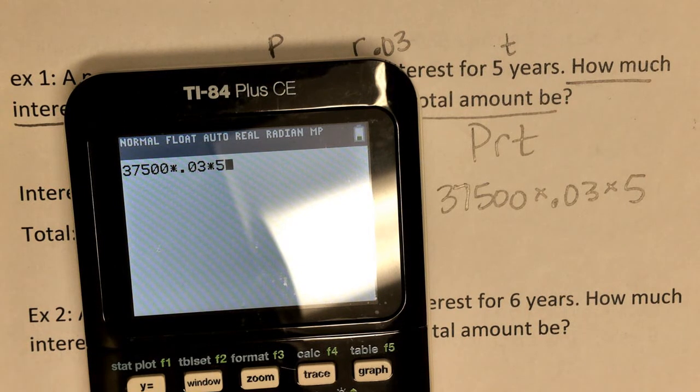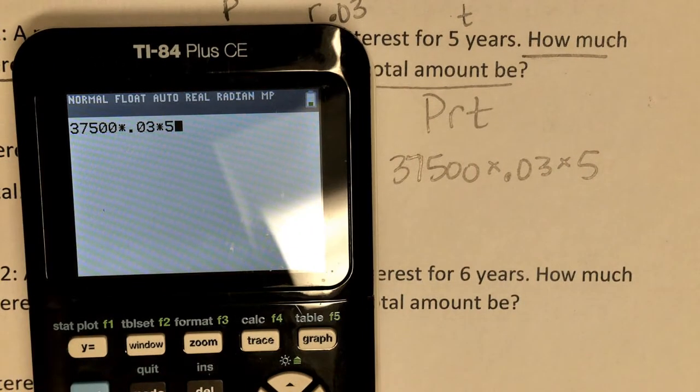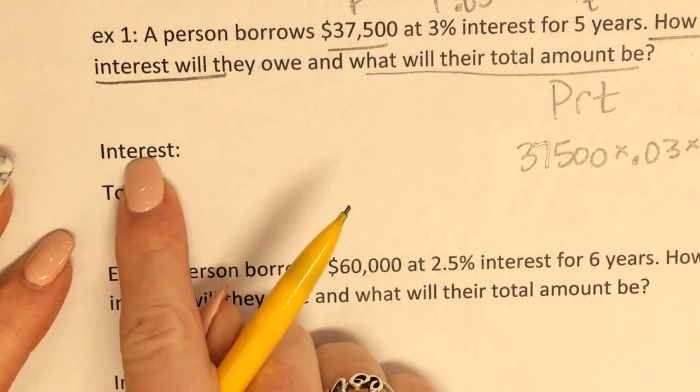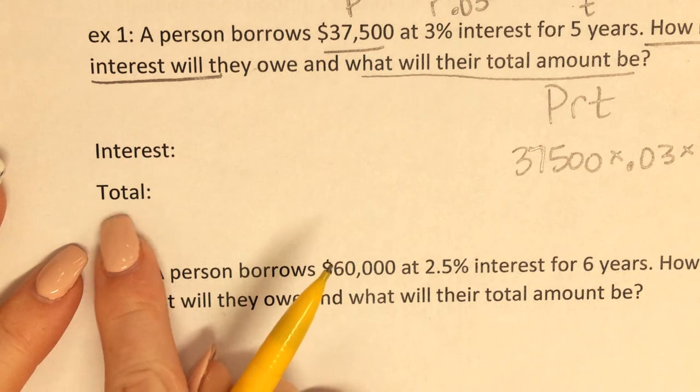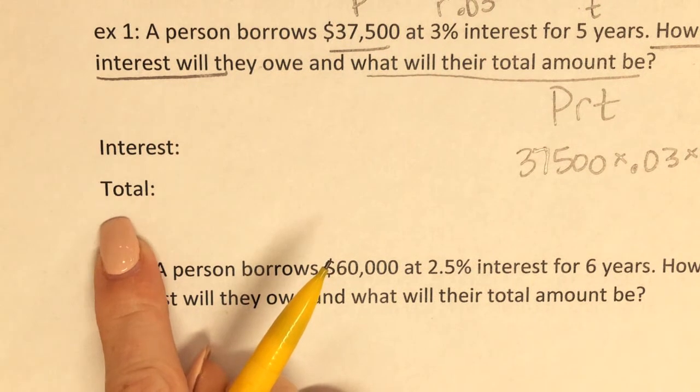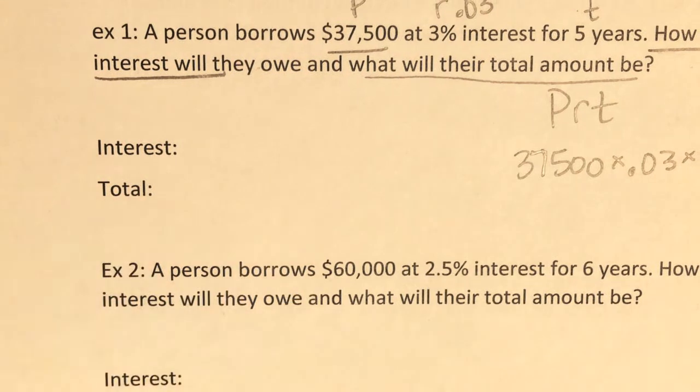Make sure you're not in rounding mode. Did everybody get $5,625? Where does that answer go? Is it the interest or is it the total you're going to owe? I'm going to ask again so I can make sure I hear y'all. It's the interest.